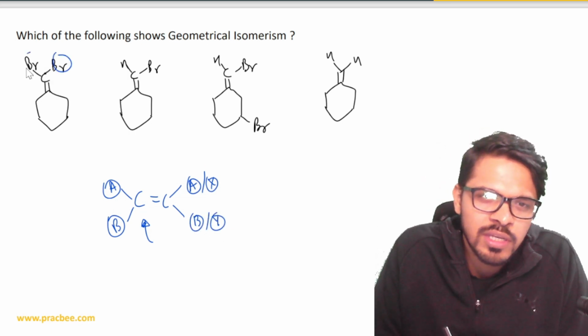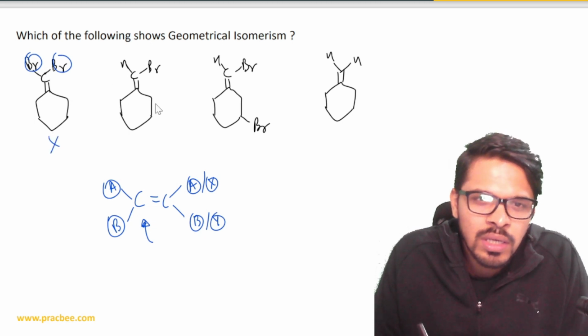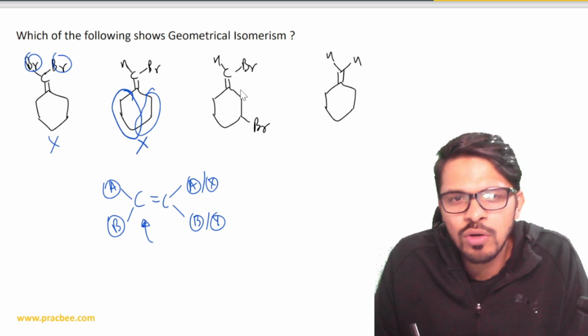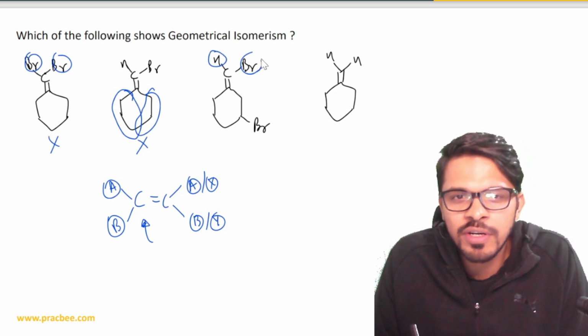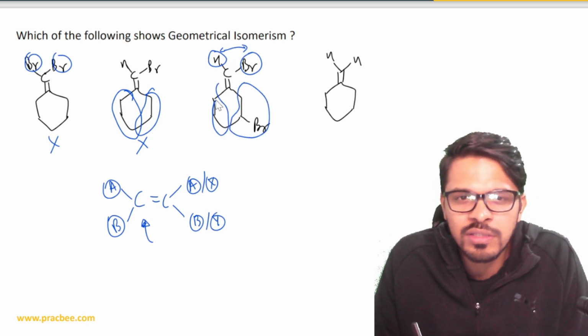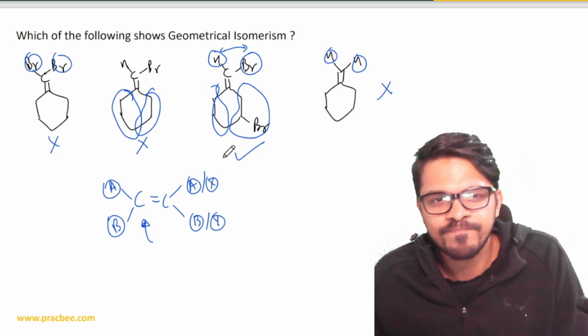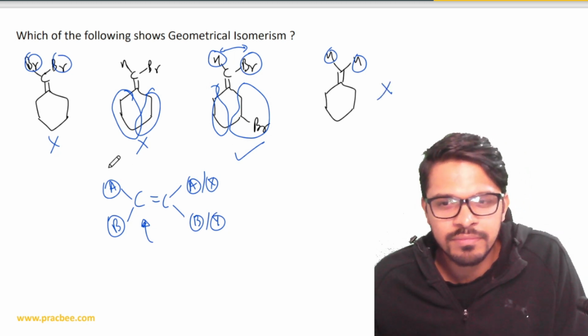Here the groups are same, it cannot show. Here these two groups are same, so it cannot show. Here the groups are different, right? This is different and this part is different, so it can show. It can again not show. Very simple question.